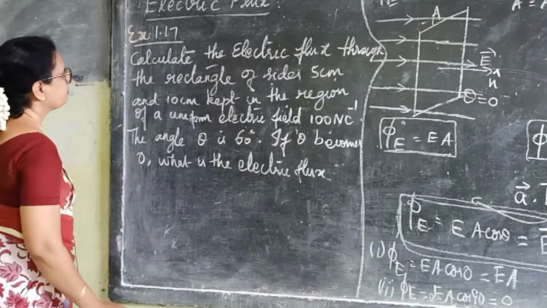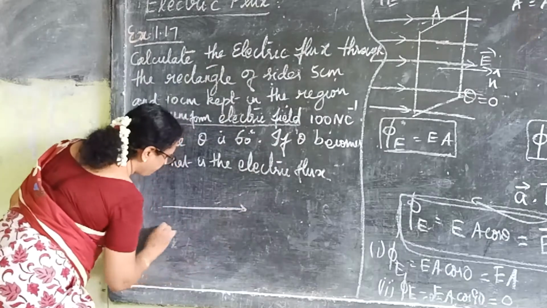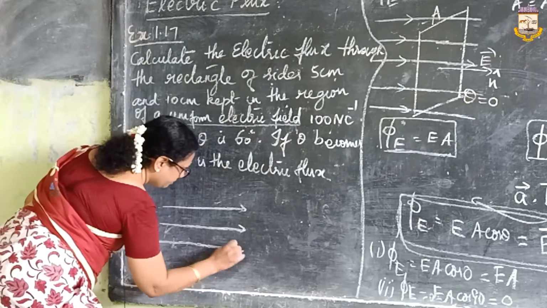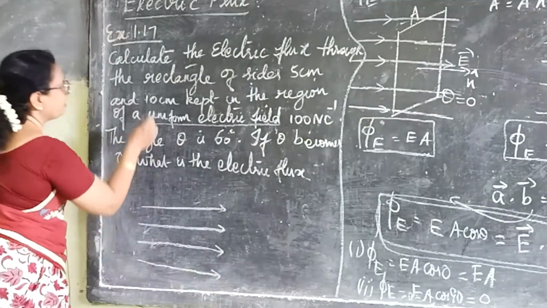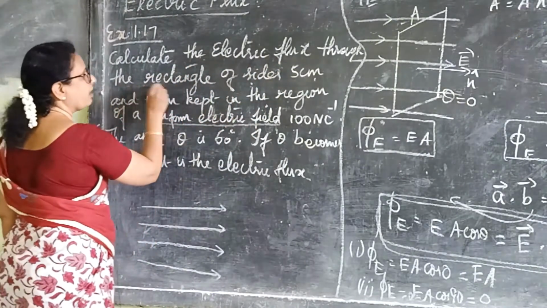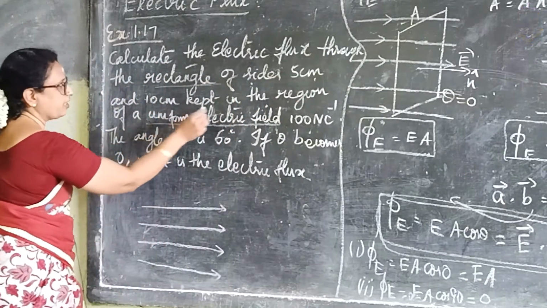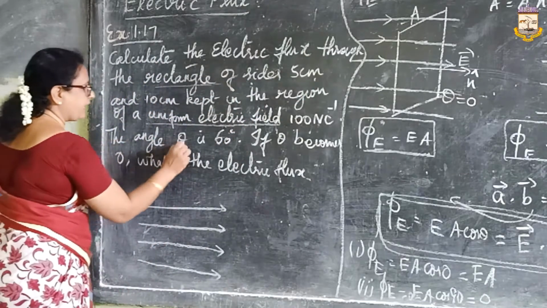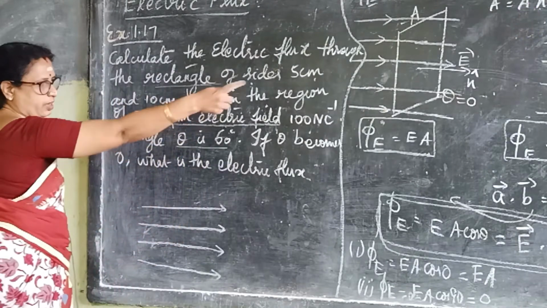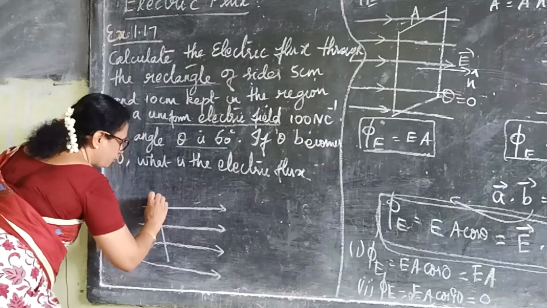So here it is a uniform electric field. So let me draw the uniform electric field. Here we want to calculate the electric flux through an area. The area is a rectangle of sides 5 cm and 10 cm, and it is kept at an angle of 60 degree. It is inclined. So I have to draw the diagram as the third case which I showed you previously.